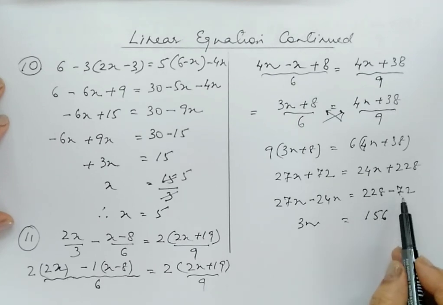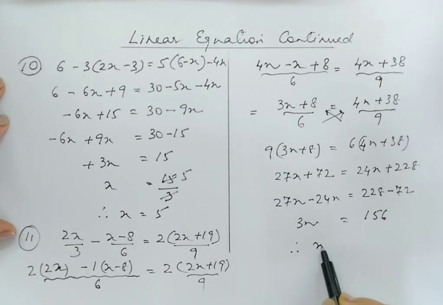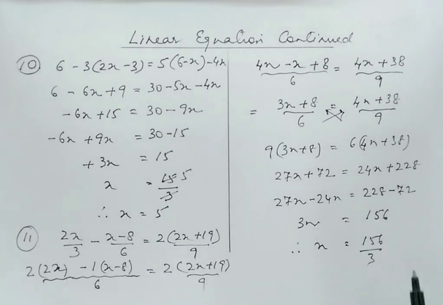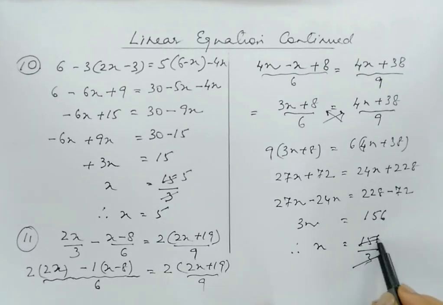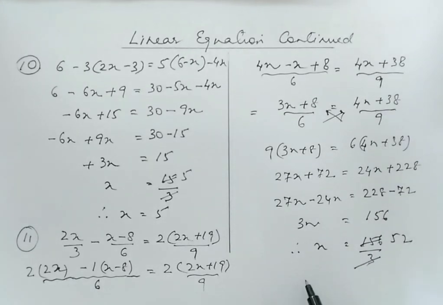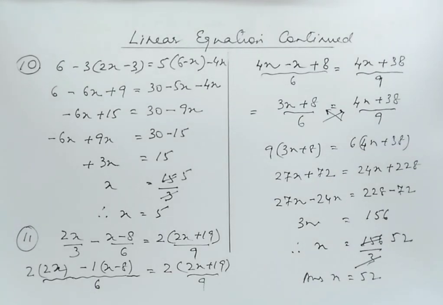From 12, 7 goes, and 5 and 1 will be left over here, which means therefore x will be equal to 156 divided by 3, which is equal to 52. Got it? So this is my answer: x is equal to 52.